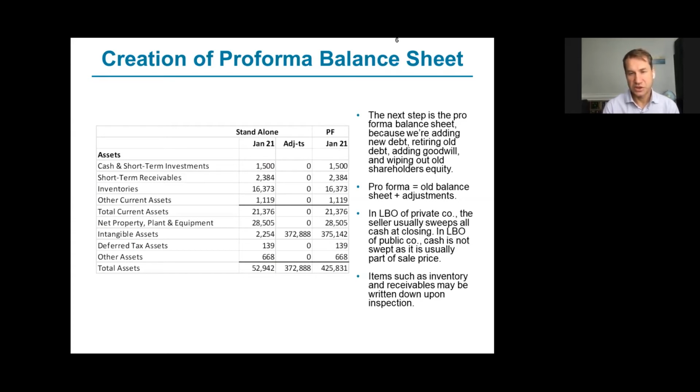We just want to adjust for what happens during the deal, and the impact is instantaneous, right? So we assume that transaction closes on January 31st, 2021. So the day before, it was the old balance sheet, which we'll take from our model, and then we'll have these immediate adjustments for transaction, and then we'll have a new balance sheet.